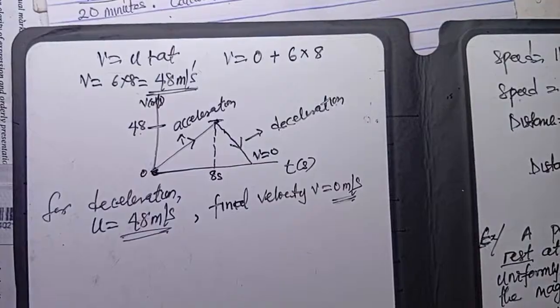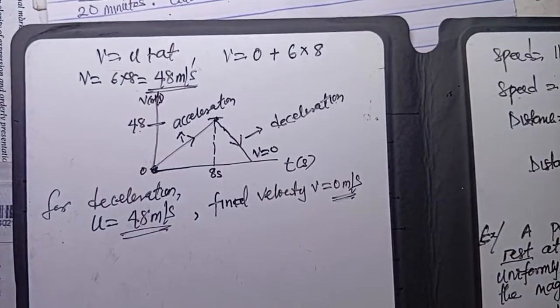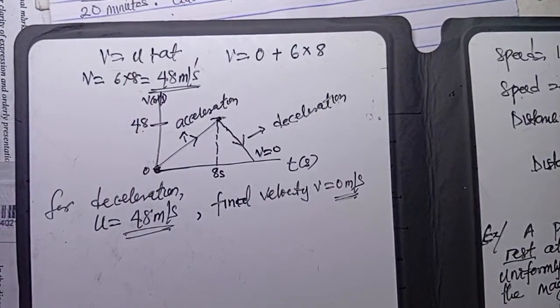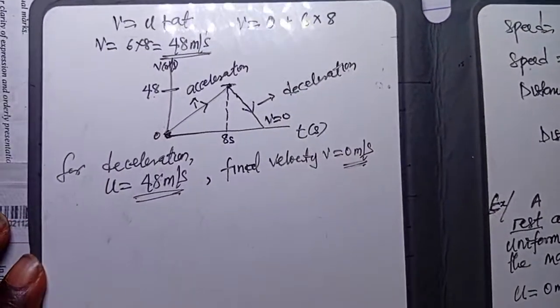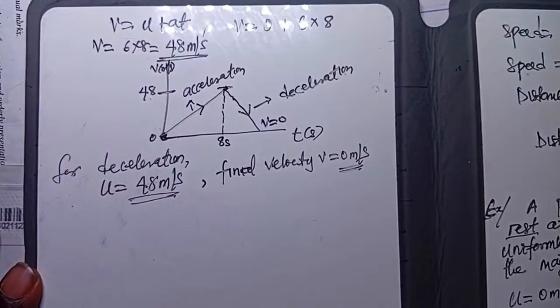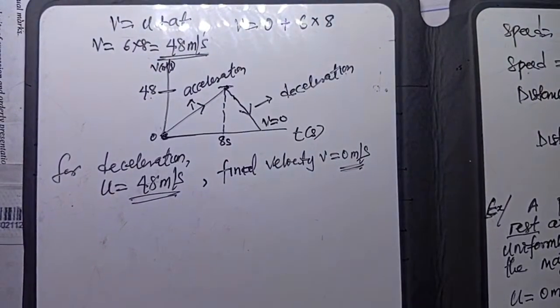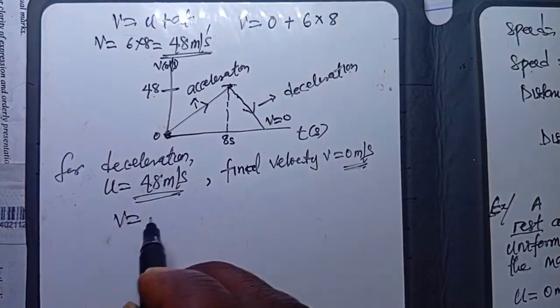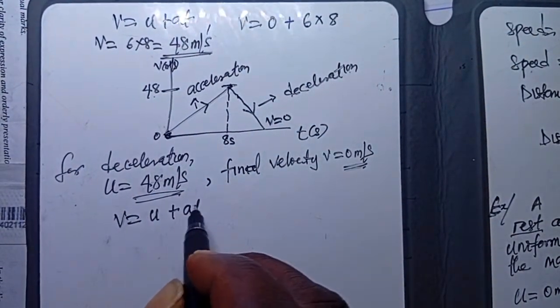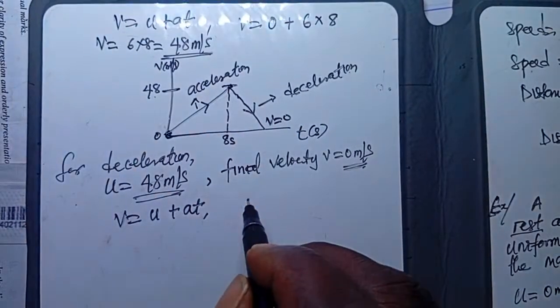Now, in calculating the deceleration at this spot, we have V is equal to U plus at. Our V is equal to 0.